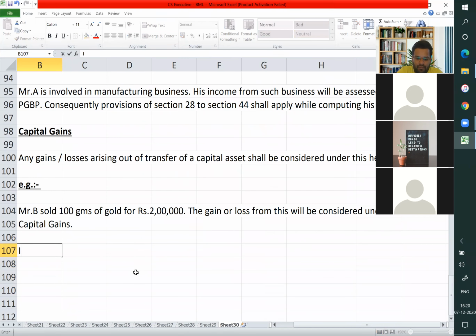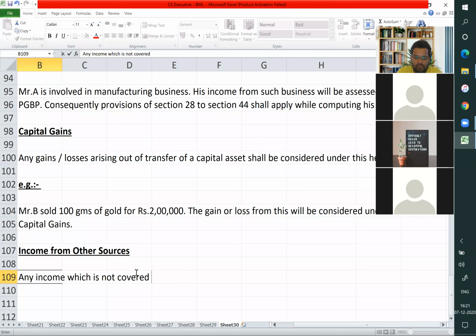And now, income from other sources. Basically, any income which is not covered in the above four heads will be taxed under this head.